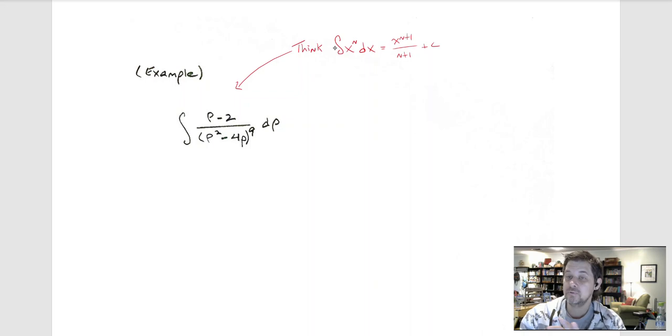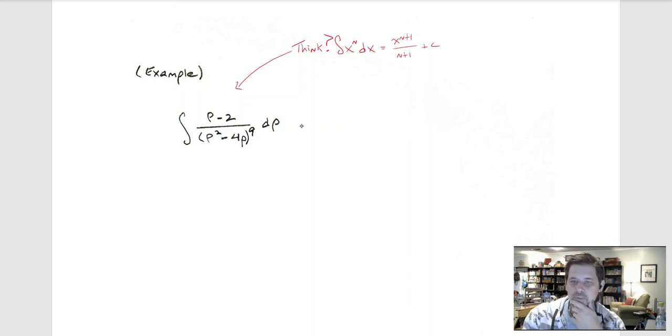Could this rule apply to this? But this problem just looks so much more complicated than this rule would allow, okay? So the substitution would take this and reduce its complexity down to the point where this rule would be applicable.